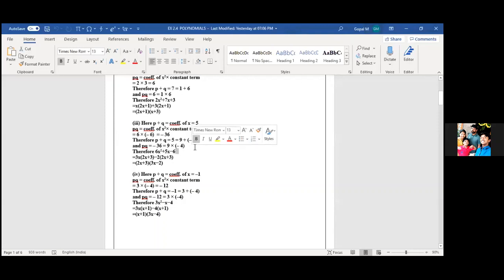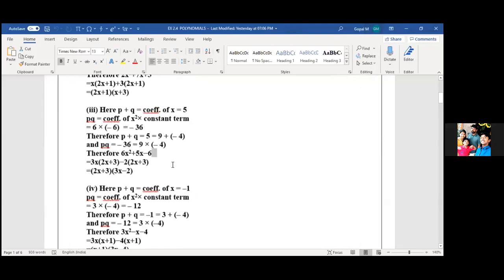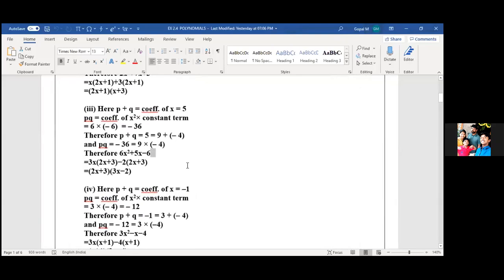Very good. 9 into minus 4 is minus 36 and 9 minus 4 is plus 5. So the answer is 2x plus 3 and 3x minus 2. Am I clear, children? Anyone have doubt in the first, second and third sum? No, ma'am.